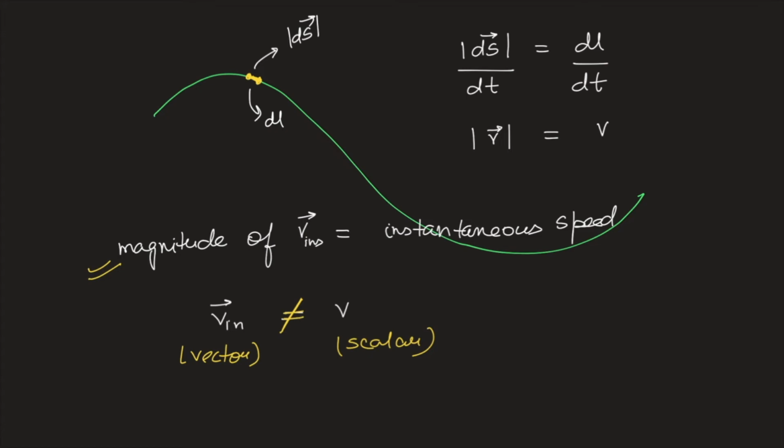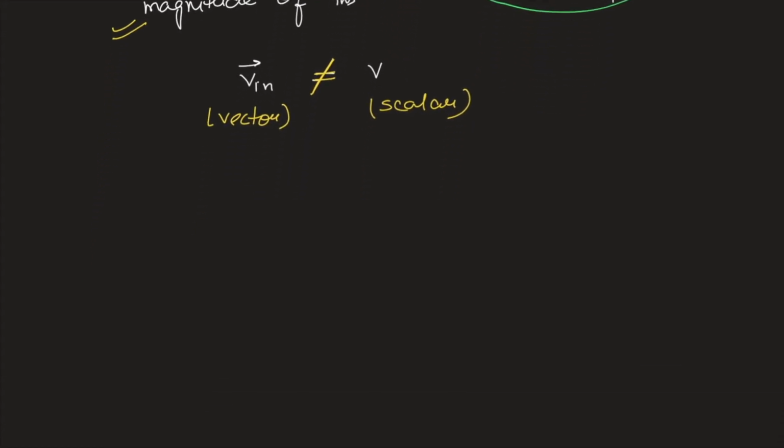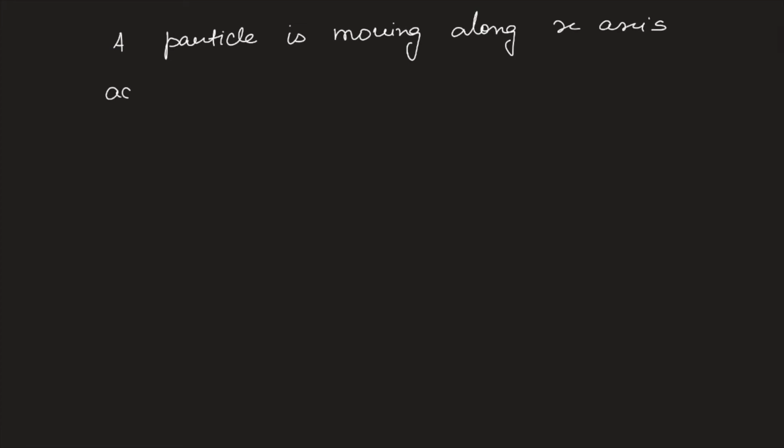Now let's have a look at an example that would help us understand in a better way how these things work out. So a particle is moving along the x-axis according to the equation x equals 4t minus t squared.